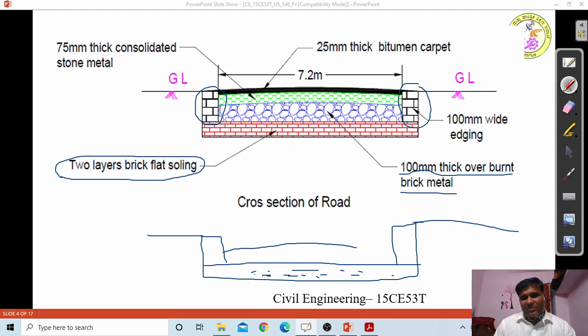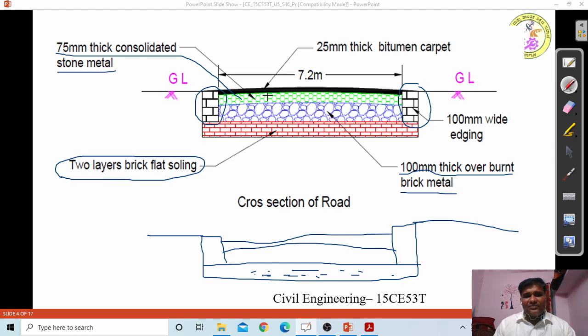A little camber will be provided for draining of water, and again above this there will be a stronger course, that is 75 mm compacted thick consolidated stone metal. This is brick metal and this is stone metal.